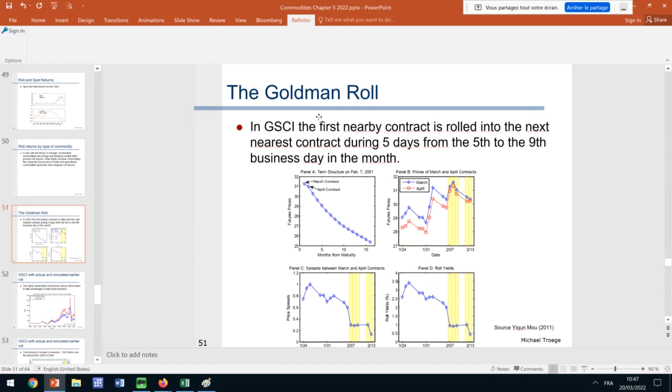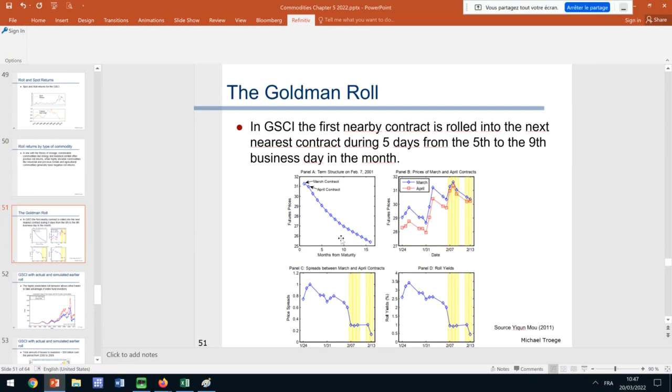For the GSCI, the first nearby contract, the one that expires, is rolled into the next nearest contract during the 5 days from the 5th to the 9th business day in the expiry month. That's of course curious because we have this pricing pressure.